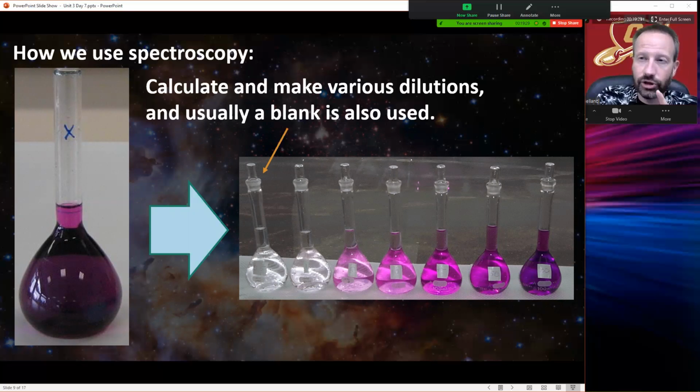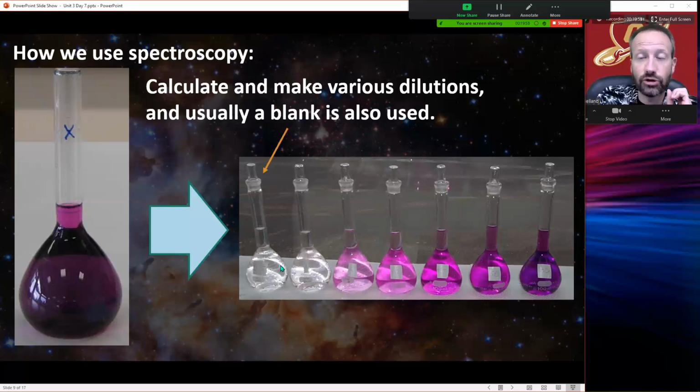That solution without the iron looks yellow. The iron I want to detect, when the iron's placed in it, it turns blood red, because iron's in the middle of hemoglobin, and that's why your blood is red, the iron in it, okay? So it turns red or reddish orange sometimes with the iron in it, but without any iron at all, it's still yellow. My blank would be that colored yellow solution of everything except the iron. That's what I'd want as my blank, okay?